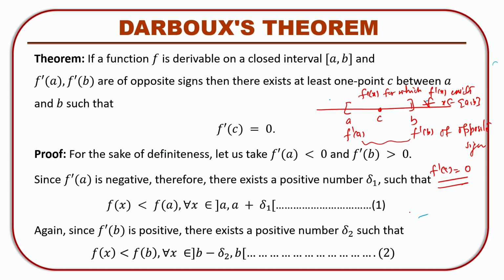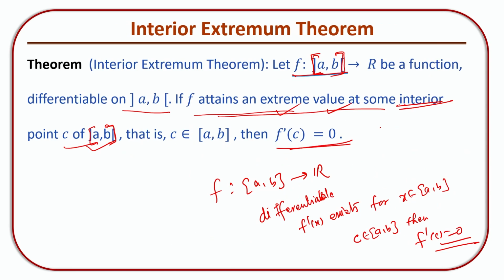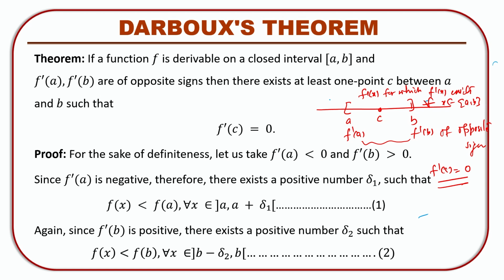Moreover, in a general form, which we had already seen in another form here, if you take a number r between f'(a) and f'(b), so r is between f'(b) and f'(a), then there must exist c belonging to (a, b) such that f'(c) is equal to r, right?